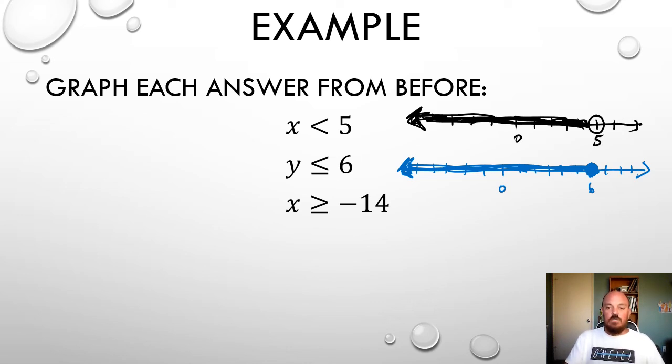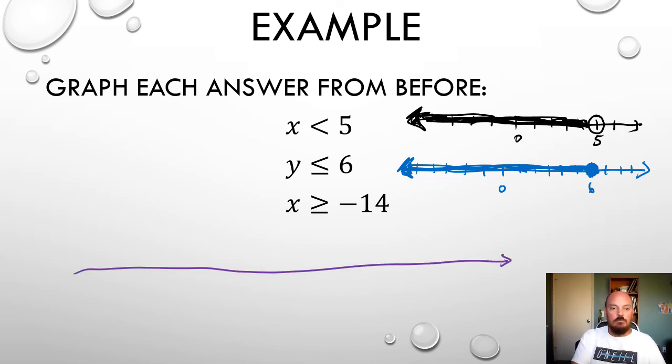Now for the last one, the answer was y is greater than or equal to negative 14. I'll do it down here. Here's 0. Maybe I'll count by 2's this time: negative 2, 4, 6, 8, 10, 12, 14. We'll put negative 14 right here. We'll count by 2's in this direction too.